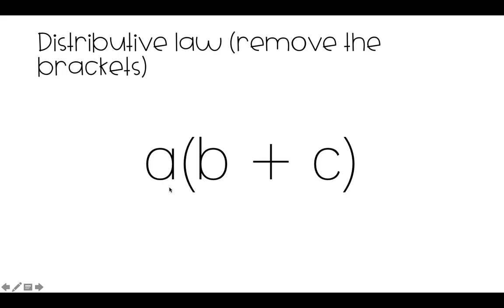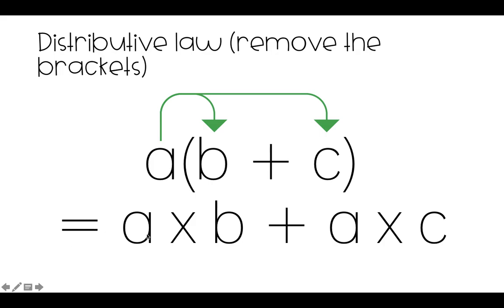So to expand or remove the brackets, we don't just simply drop the brackets and hide them. The brackets are actually saying everything inside the brackets is multiplied by this value outside. So we go a times b plus a times c, and then from there we would simplify it down.